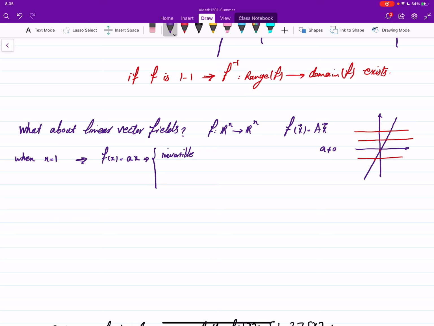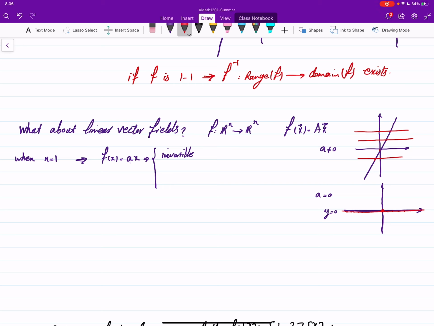However, when A is equal to 0, you draw the graph again. A equal to 0 turns this function into a constant function, which is just y equal to 0. And in that case, if you draw a horizontal line, you notice that there are infinitely many values that are mapped to the origin, to the 0.